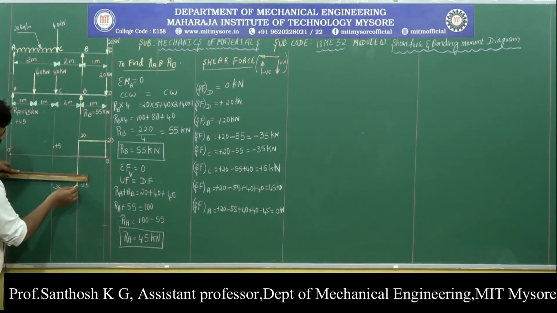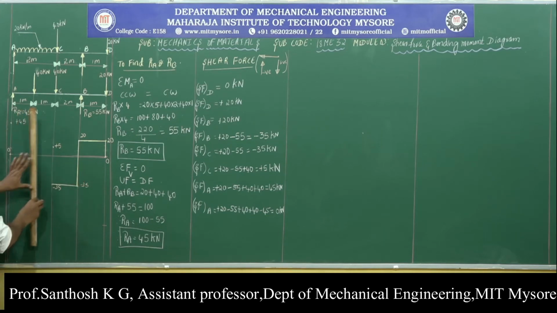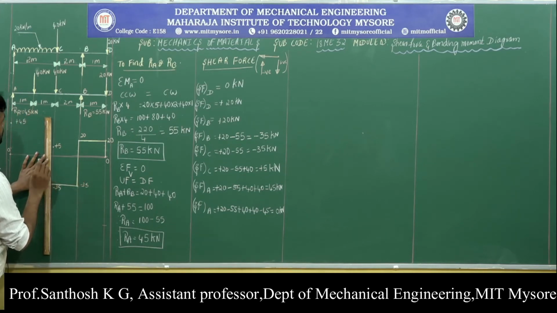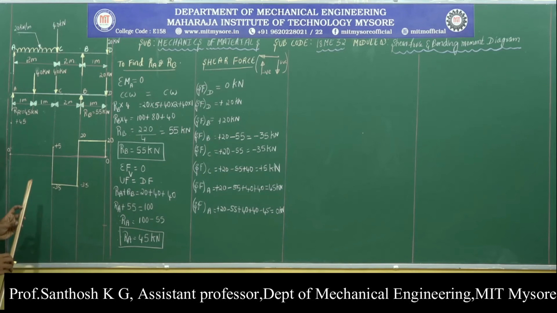In the portion B to C, we have a constant value of minus 35. Then at point C, the shear force increases from minus 35 to plus 5.